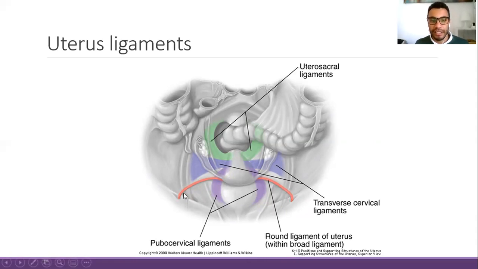From the inguinal canal, it will reach the external female genitalia, in the labia minora. So this is the pathway of the round ligament from the uterus, passing through the inguinal canal that you can see here, part of it, and it ends in the external female genitalia at the labia minora.